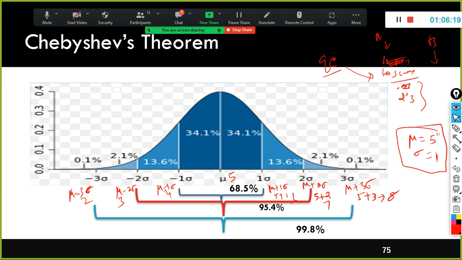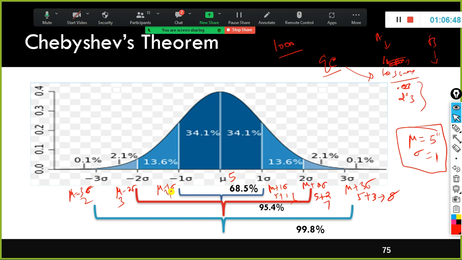So why don't you tell me the story here? All of you, please type it in the chat window. What does it say? 68% of the total screws manufactured. Let's say the total number of screws is 1000. Right? 68% of the 1000 screws have a variation between 4 to 6.